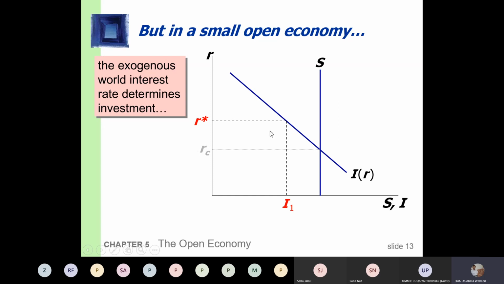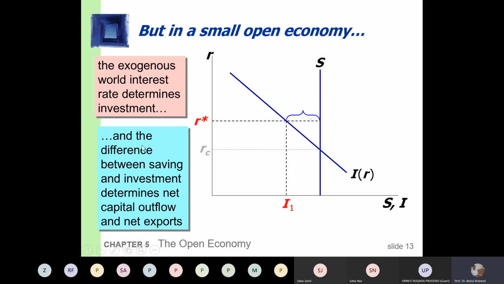So now if this is the world interest rate, it means domestic investment would be I1, but saving is more now at this world interest rate. The difference between saving and investment determines the net capital outflow, because saving is more than investment. So we have positive NX, so we have net capital outflows.